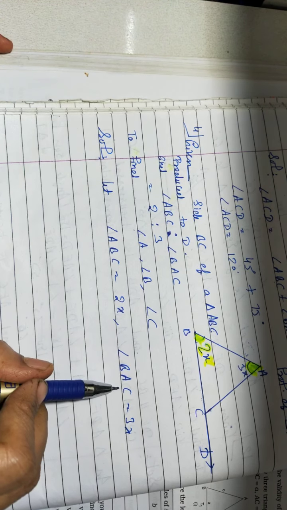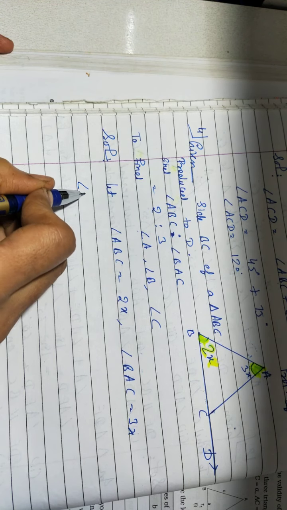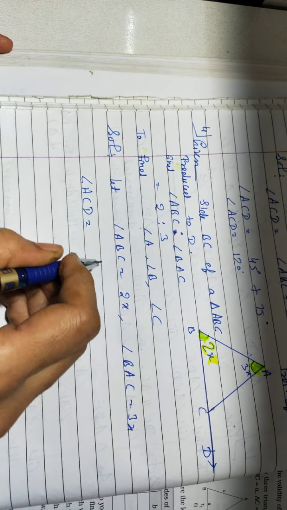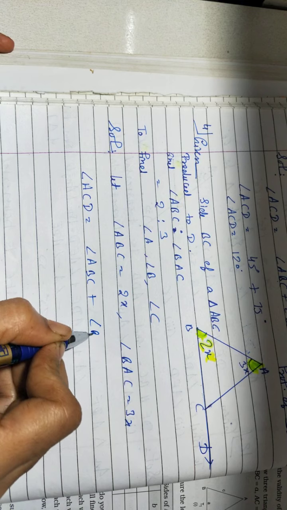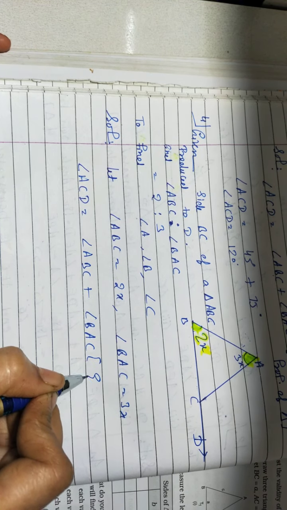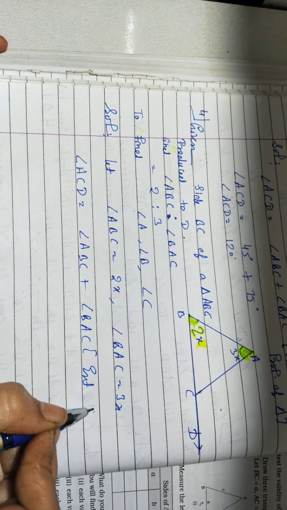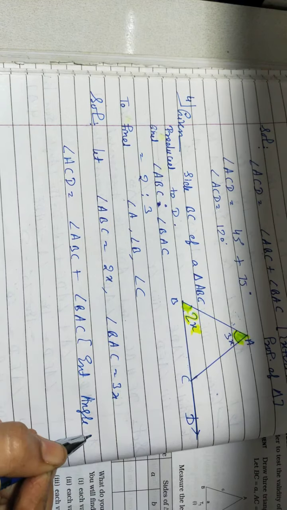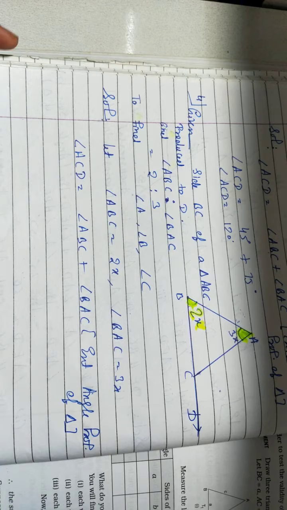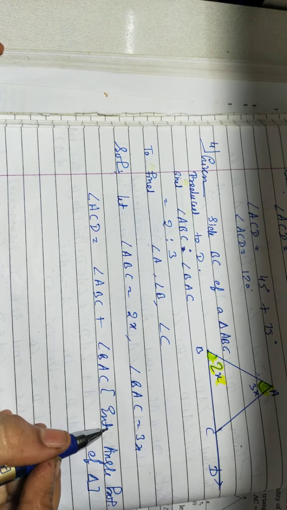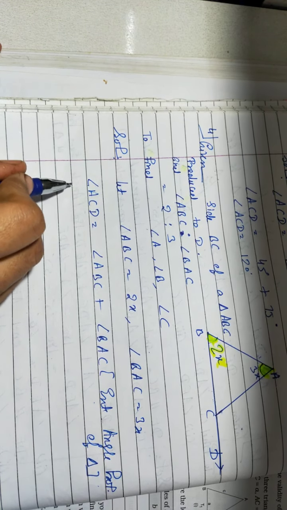Now the sum of these two interior angles will be equal to angle ACD, the exterior angle, that is, the exterior angle is equal to the sum of two opposite interior angles. The reason is the exterior angle property of a triangle. Getting? If you have less space, you can use this short form.